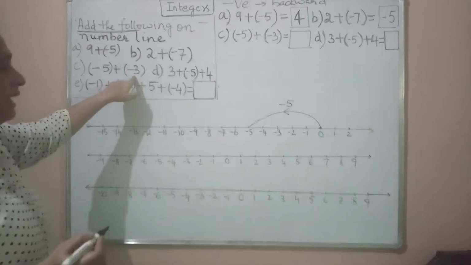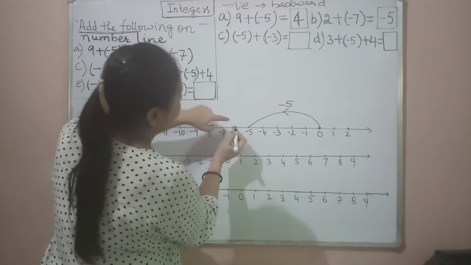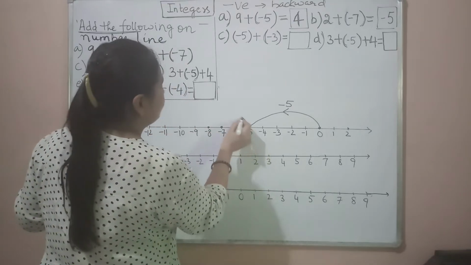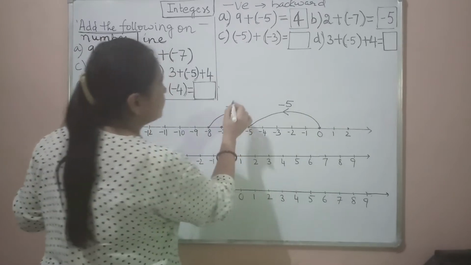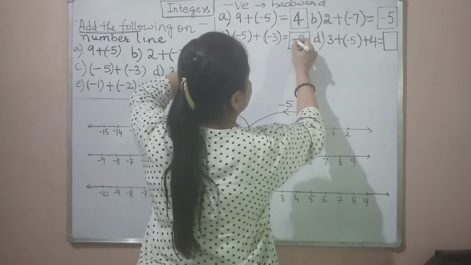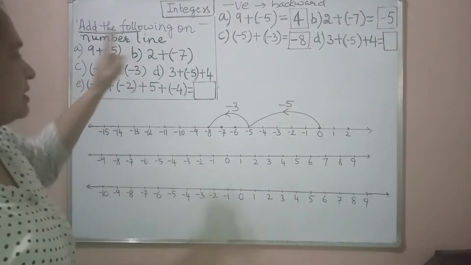And then again minus 3, again in the backward direction, 3 steps. 1, 2 and 3 steps. So we have to move back 3 steps. So what is our answer? The answer is minus 8. Right? So we got the answer for C also.